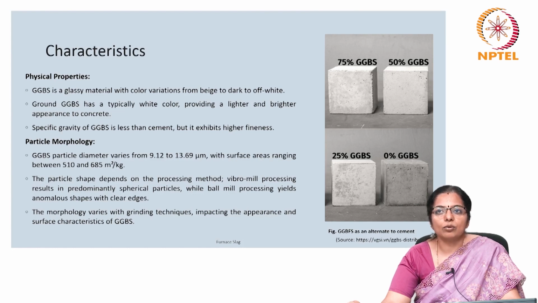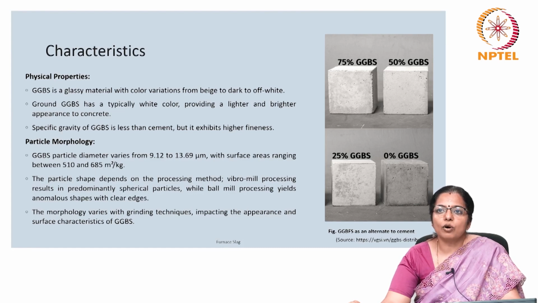When finely ground, this slag takes on a typically white color, contributing to a lighter and brighter appearance in concrete applications. Despite having a specific gravity less than that of cement, ground granulated blast furnace slag exhibits higher fineness, enhancing its suitability for various construction purposes.